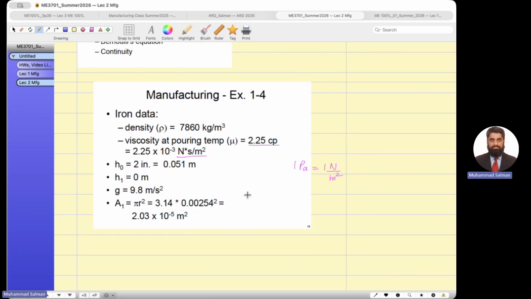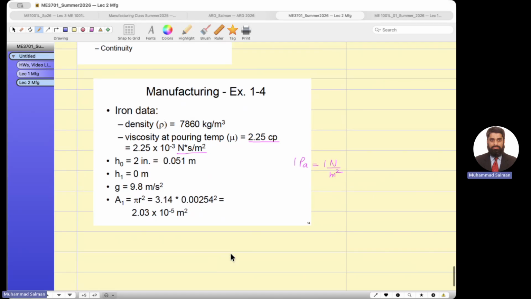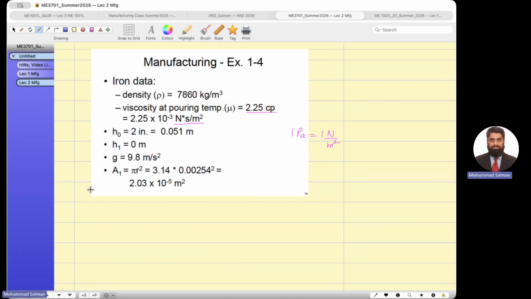Area 1 is given by pi r square, in meters. Please note it down. Ignore the friction losses. So let me write down Bernoulli's equation.